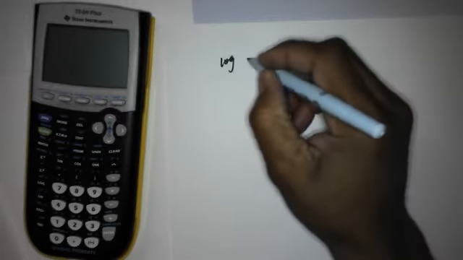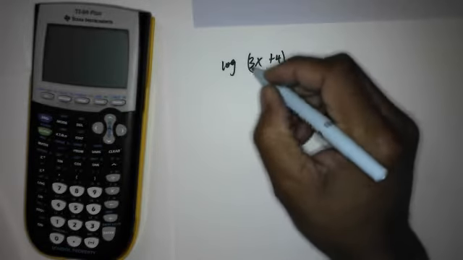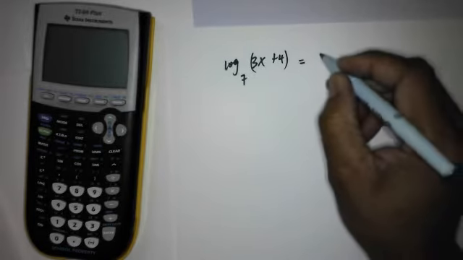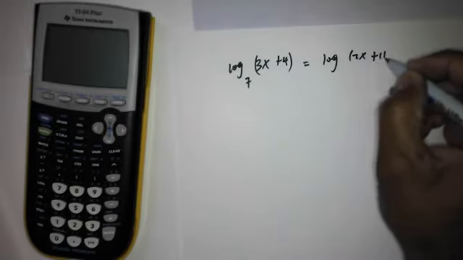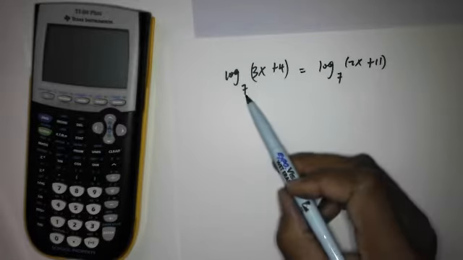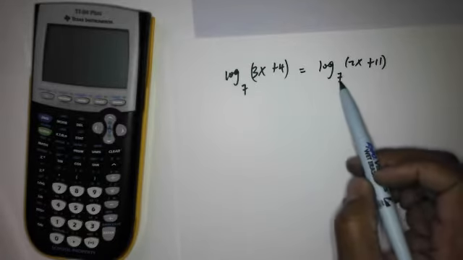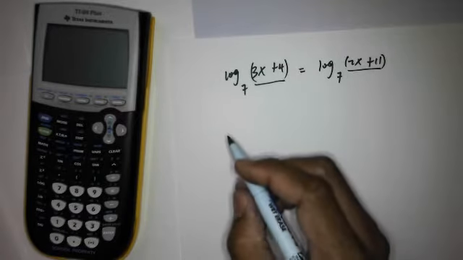Example 2. Log 3x plus 4 base 7 equals log 2x plus 11 base 7. Once the bases are the same, you're going to equate the arguments. So this is the argument for that side, that's the argument for that side.